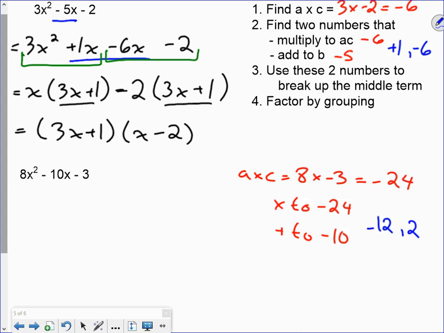I think this is negative 12, and this one is positive 2. So we use those two numbers to break up our middle term here: 8x squared minus 12x plus 2x minus 3.